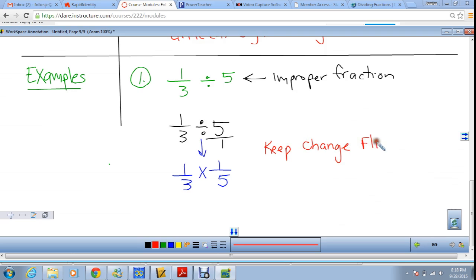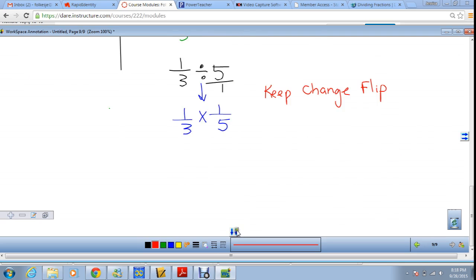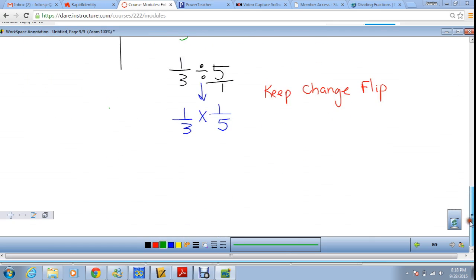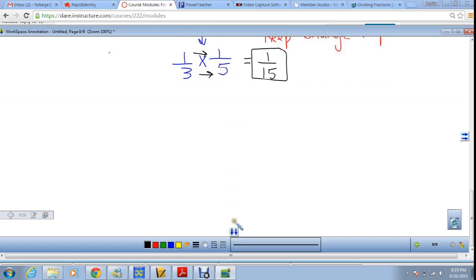Now you're multiplying, so follow your multiplying rules and integer rules. Can't cross simplify, so just multiply across. 1 times 1 is 1, 3 times 5 is 15. It's already simplified, so it's 1/15.